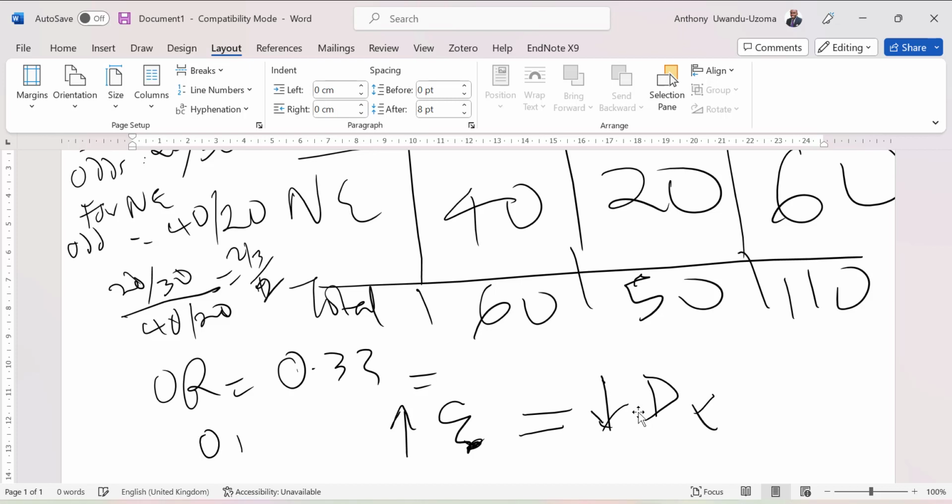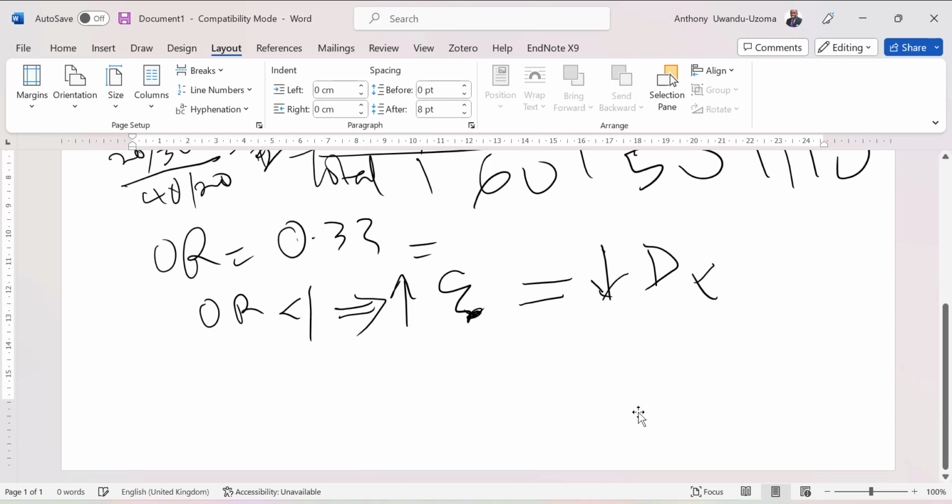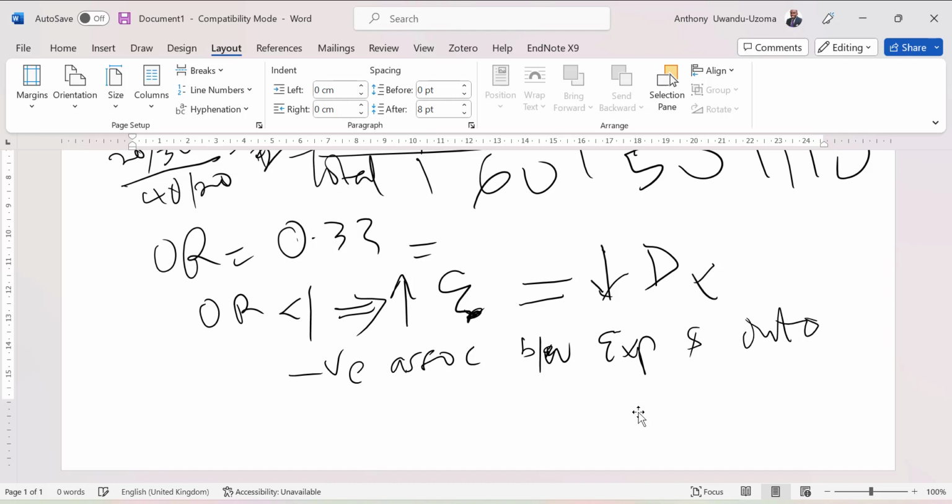So this is how you interpret it: the more exposure, the lesser the disease. Because the odds ratio is less than one, I will say that there is a negative association between the exposure and the outcome. That's how to interpret the negative association.